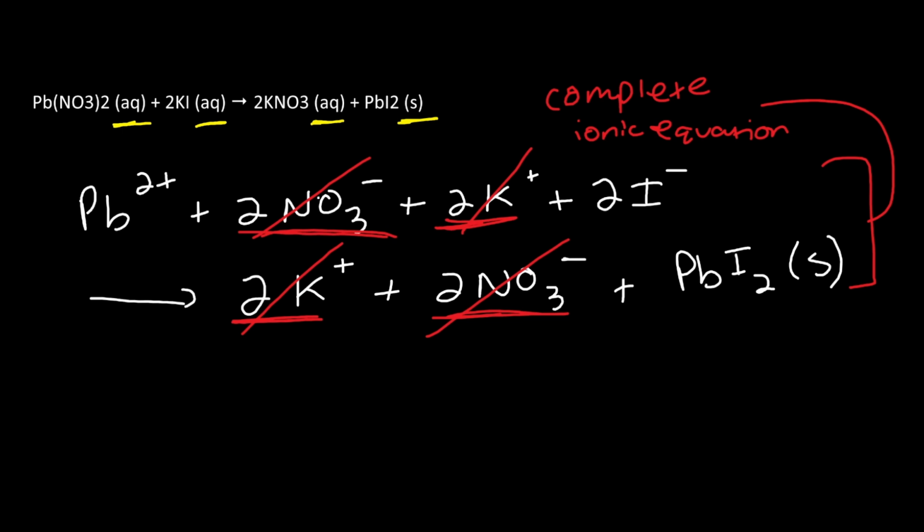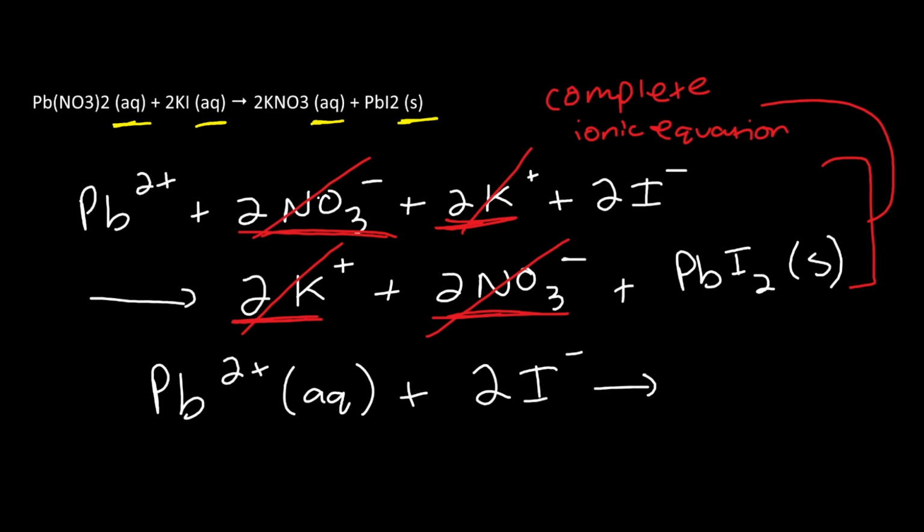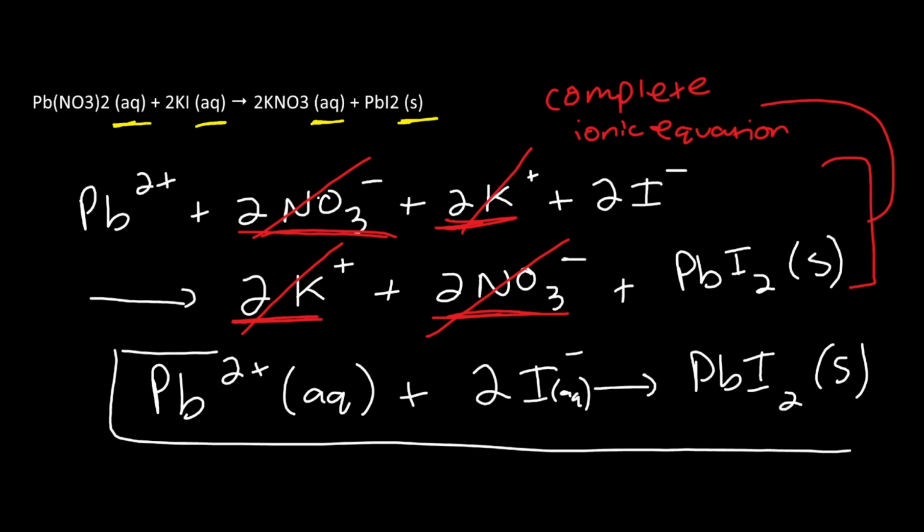So essentially this is going to become Pb, or lead 2 plus, and that's going to be in aqueous form, plus 2 iodine minus, which is also in the aqueous form, and then that is going to go to lead iodide in the solid form. So as you can see, this is our net ionic equation over here. That's how you go from your complete ionic equation to your net ionic equation. And that's pretty much it for ionic equations.